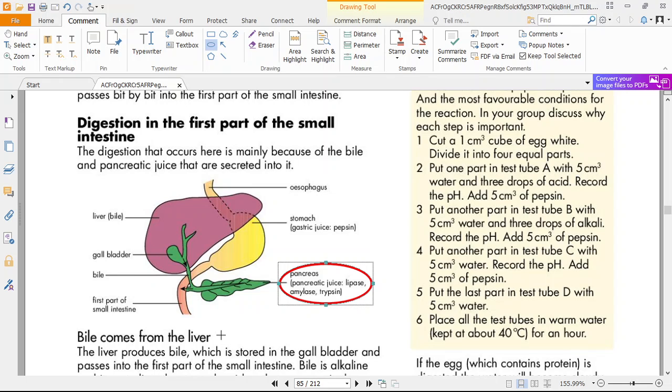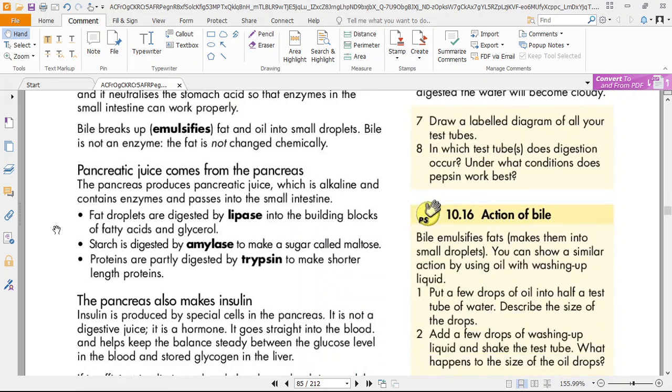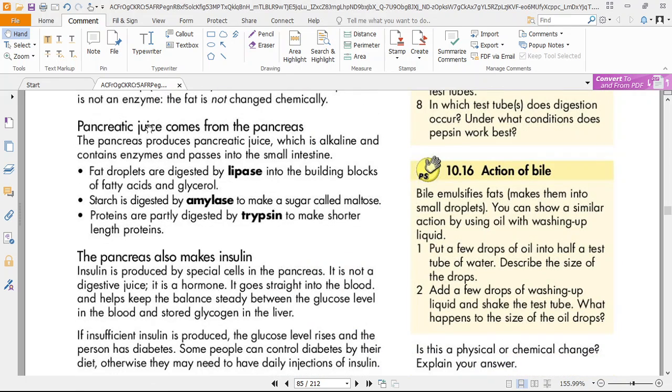All right, now an explanation of what bile is and where it comes from is seen right here. See, we're talking about pancreatic juice coming from the pancreas. I'll talk about lipase, amylase, and trypsin. Alright.